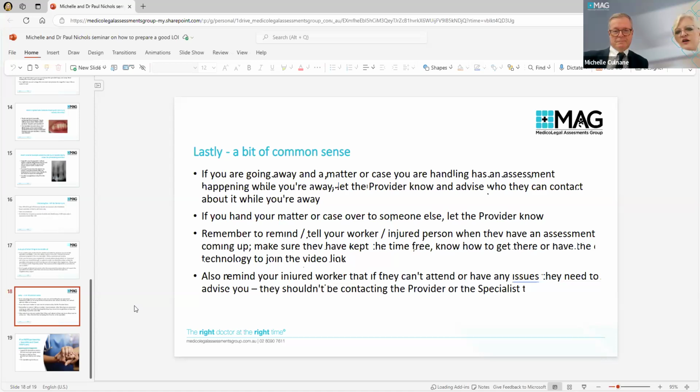Our job as the provider is just to find the appointment for you, book the appointment and liaise with the doctor and make sure that we get the report to you on time. We can't take any part of case management or client management ourselves. It's just not appropriate, and it detracts from the independence of the provider and the independence of the specialist.